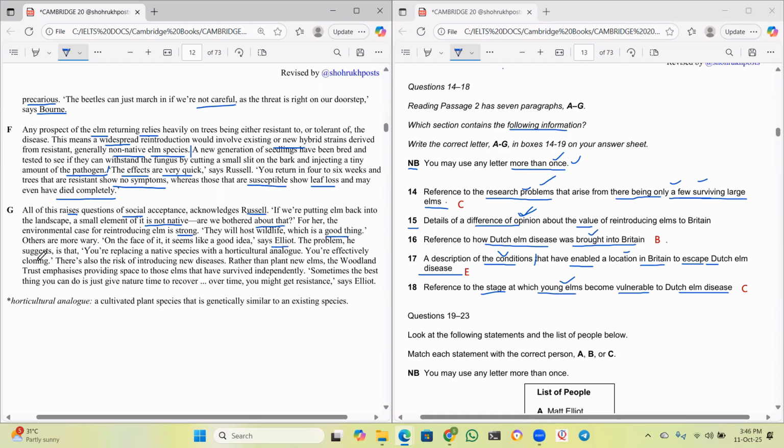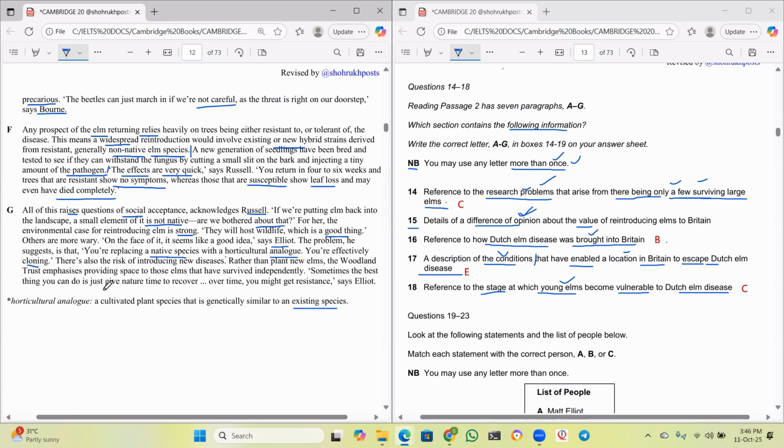The problem, he suggests, is that you are replacing a native species with the horticultural analog. It means a cultivated plant species that is genetically similar to the existing species. That's the meaning of this. Now, you are effectively cloning, meaning you are creating a genetic duplicate of the tree.